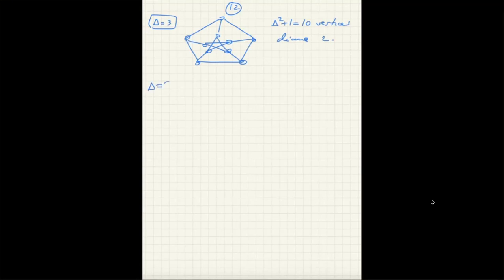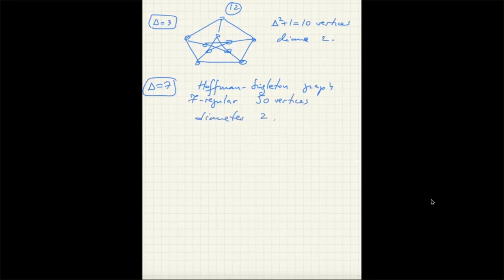And when delta equals 7, I will talk to you about this in the next lecture. There is a graph, which I call the Hoffman-Singleton graph, which is 7 regular, has 50 vertices, and diameter 2. So we'll do that next class. And when delta equals 57, it's not known if such a graph exists or not.